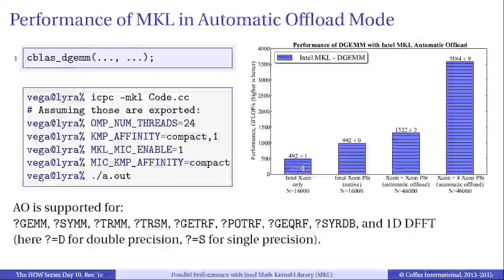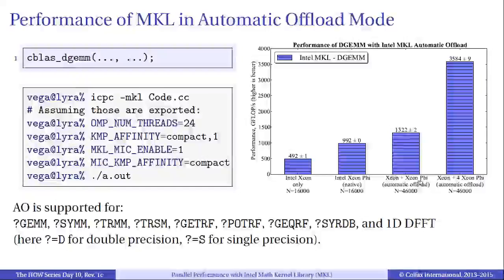I wanted to show these performance numbers. They are interesting. This is the performance of DGEMM. This is weak scaling, meaning I change the problem size as I use different devices. But these first two are just native execution on the host and native on Xeon Phi. And that is symmetric heterogeneous execution.